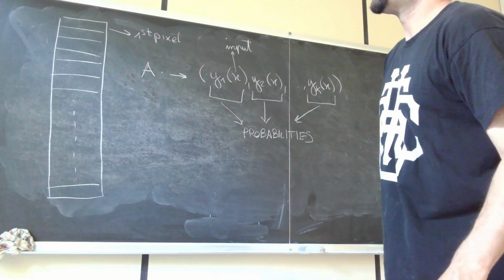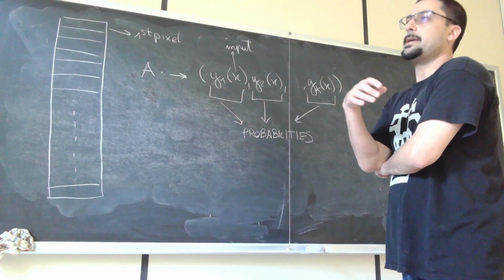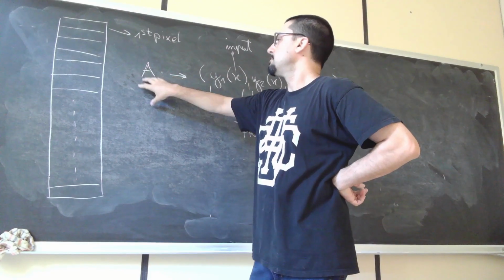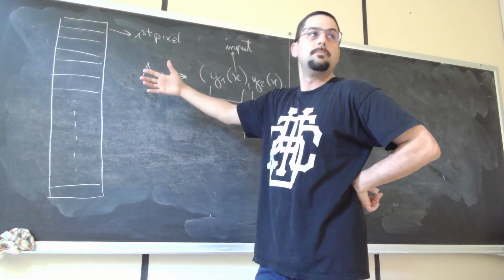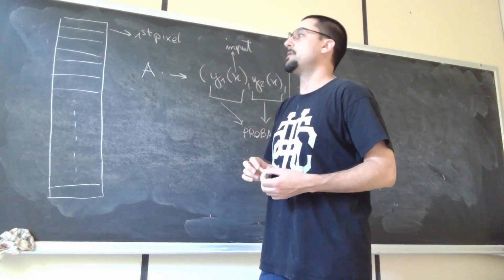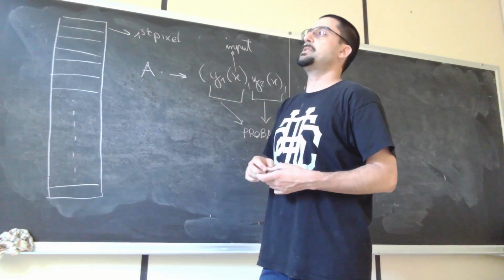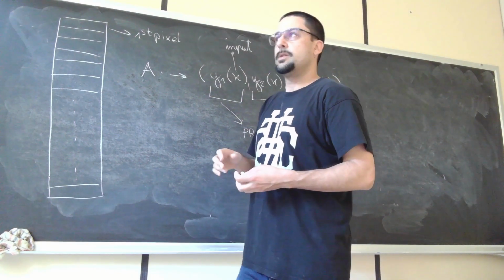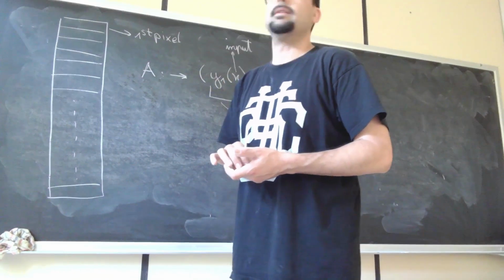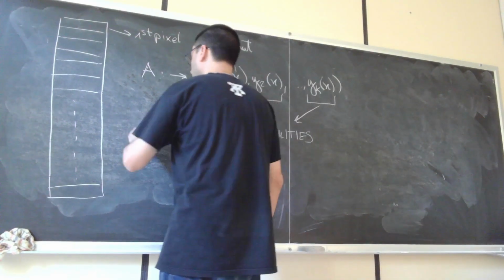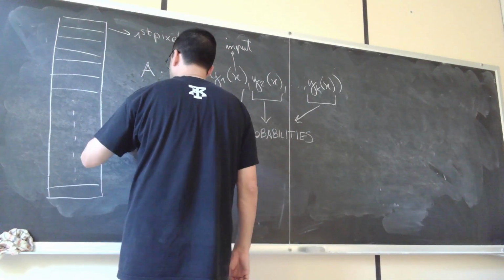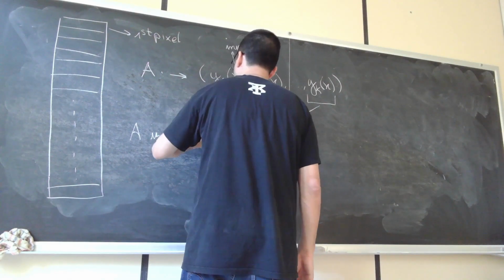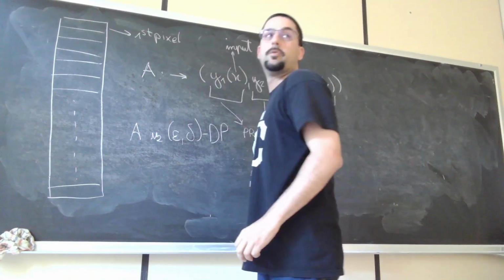Now, what is the trick? The trick is that we want to apply a randomized algorithm that satisfies the definition of differential privacy, like we saw before in the generic case or in the case of the anonymization of databases. Suppose we have a randomized algorithm A that is differentially private with parameters epsilon and delta, so A is epsilon-delta DP, with respect to what?